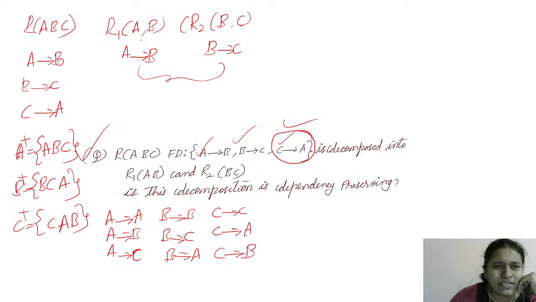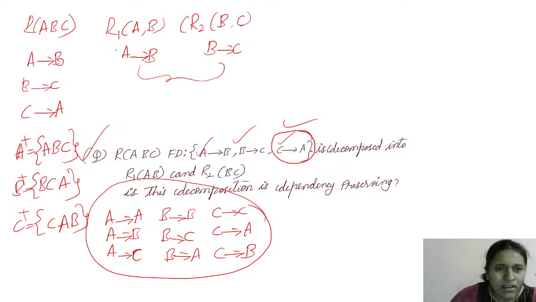Now from this, what can we get again? What are the functional dependencies related to A, B here? A to B we write here, and A to B is covered. B to A we can also write here, right? Because this relation has A, B attributes. That means whichever functional dependencies are with the combination of A, B, we can write under the relation R1.